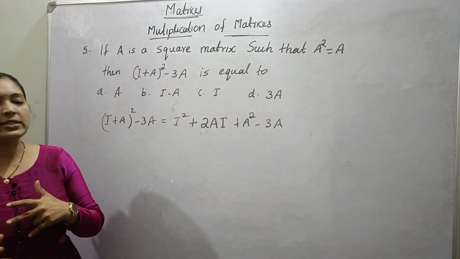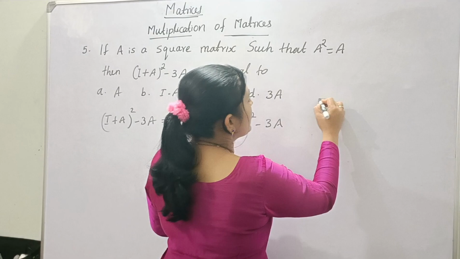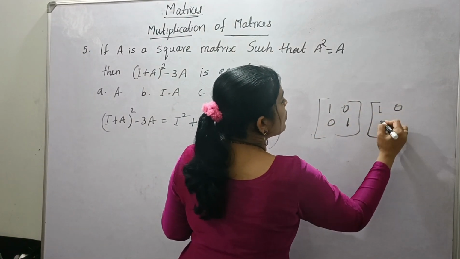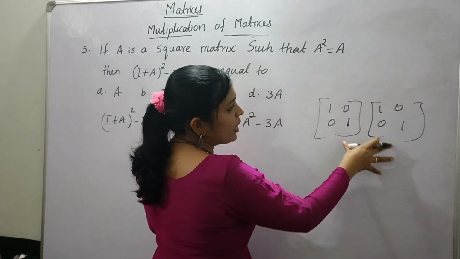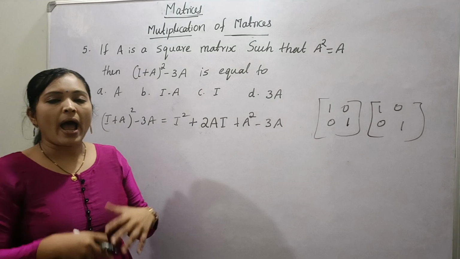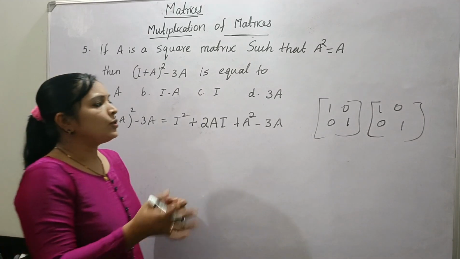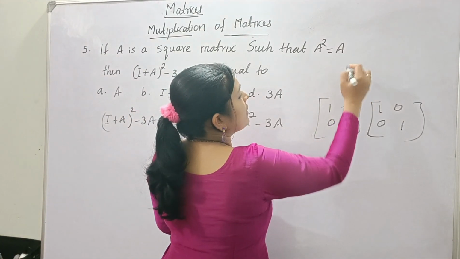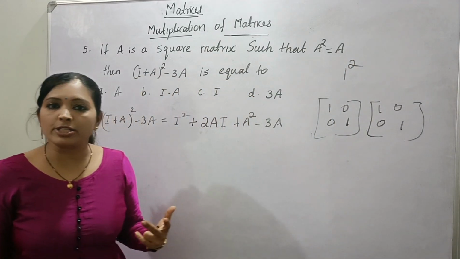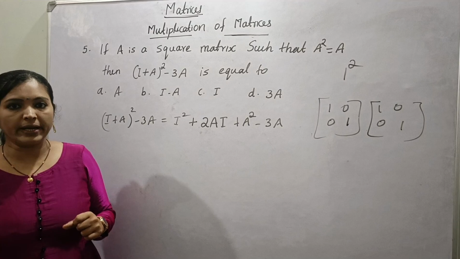Okay, if you want, you can check it. Take a 2 by 2 identity matrix, 1 0 0 1 and 1 0 0 1. Then multiply, you will get the matrix 1 0 0 1. So remember I square. Just take an example with numbers. We know that 1 is the multiplicative identity of numbers, right?